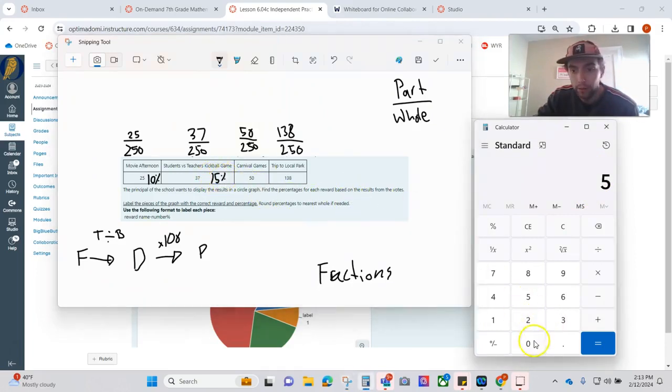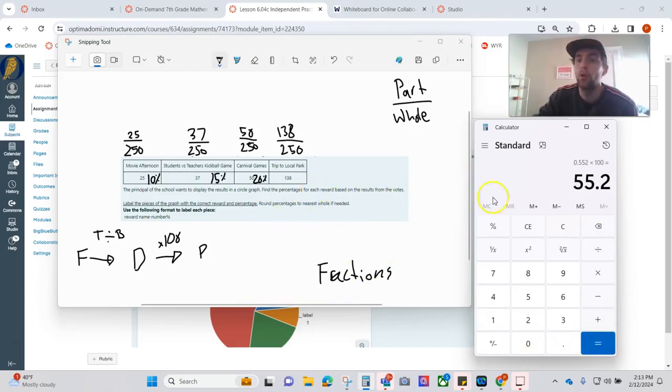All right, 50 out of 250, times 100, so this is 20%. And now 138 divided by 250, times 100 to turn it into a percent, is 55.2.